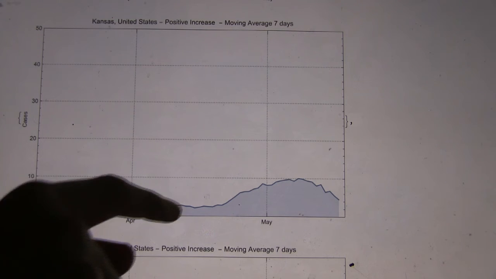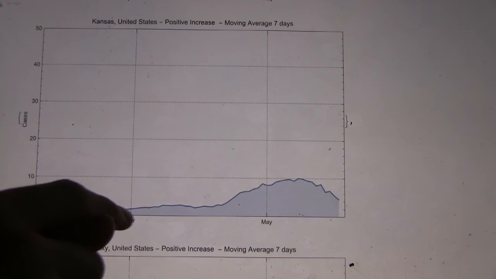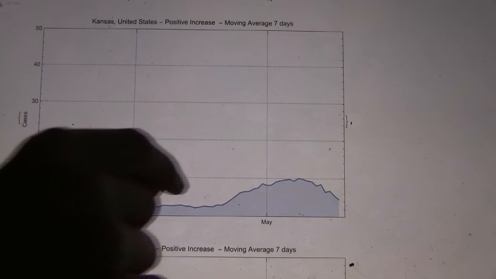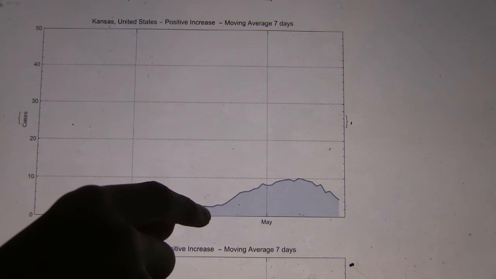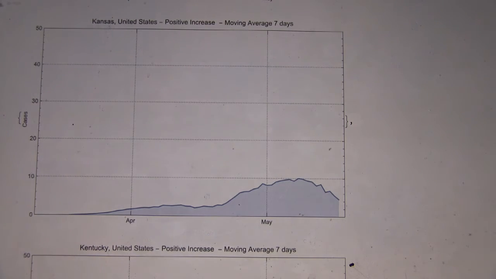But here in Kansas, it seems to have started around the same time, but it leveled off and then has had an increase, and it appears to be on the downtrend, but still this is a kind of late increase. Okay, so why do you think that might have been the case, that the peak was later in Kansas?